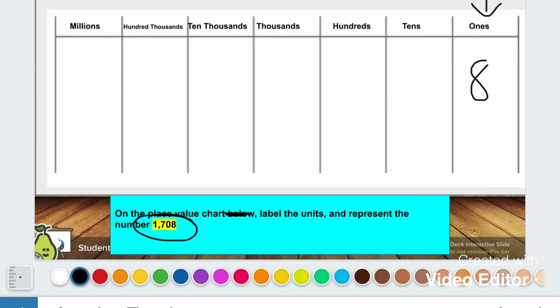Next, we're going to just fill in the rest of our place value chart with the digits next to our 8. So, the next digit I'm pulling in my place value chart is my 0. After my 0 comes my 7. And after my 7 comes my 1. Don't forget your comma. We've now successfully written the number 1,708 in standard form on our place value chart.